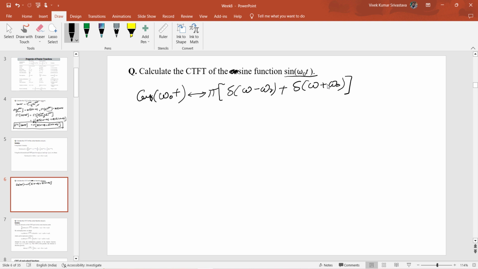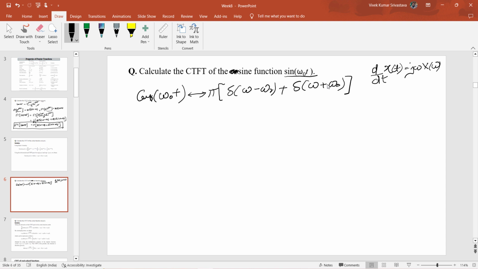To evaluate the Fourier transform of sine of omega naught t, we will use the differentiation property of the Fourier transform, which states that d by dt of x of t is equal to j omega times X of omega.